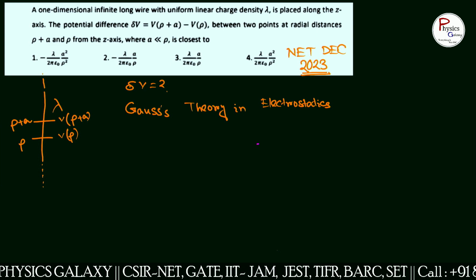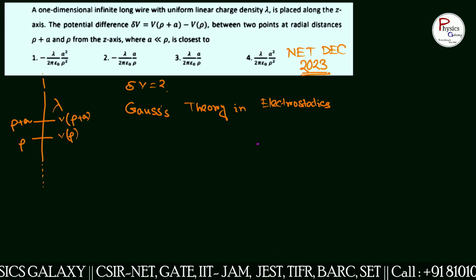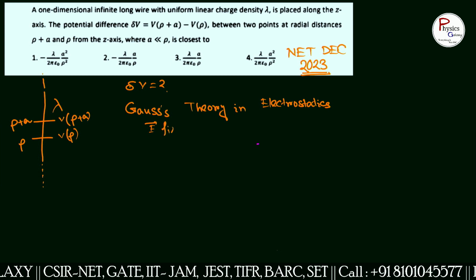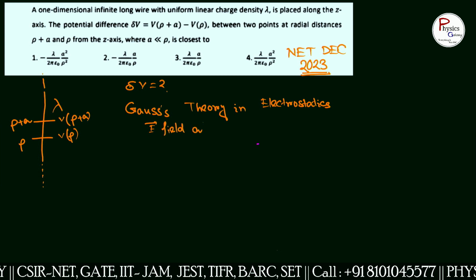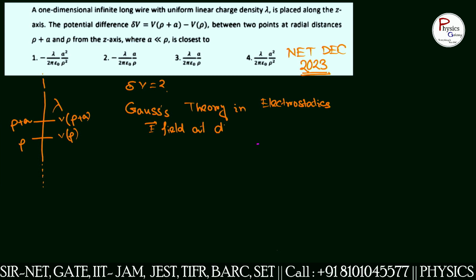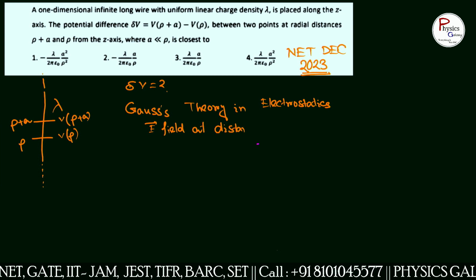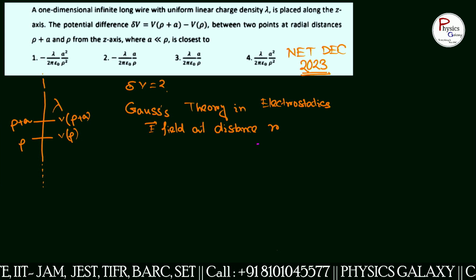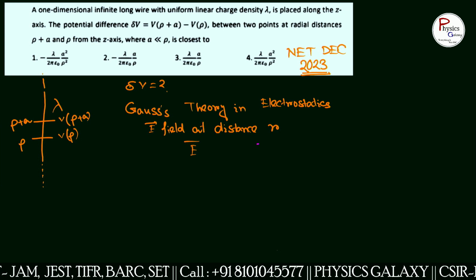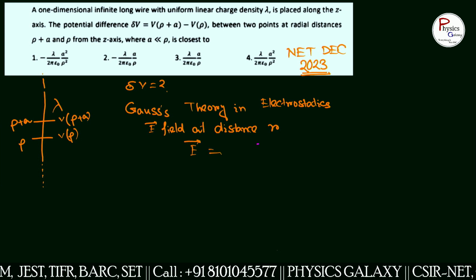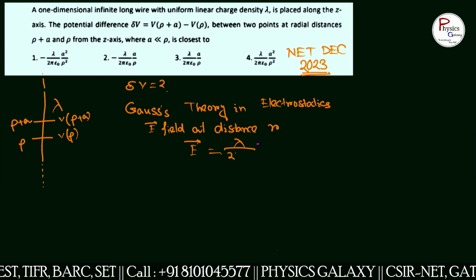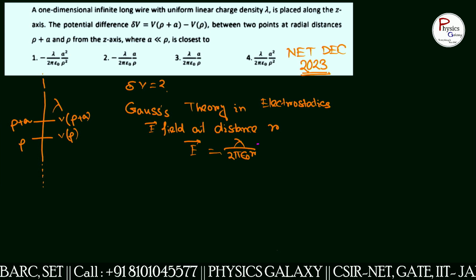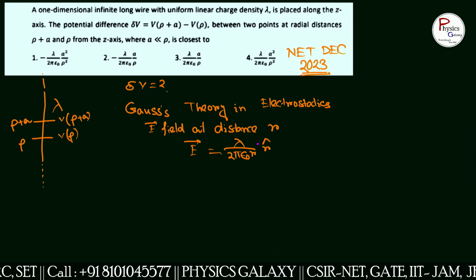We know that for an infinite wire the electric field at distance r, E equals to lambda by 2 pi epsilon 0 r, and direction will be r cap.